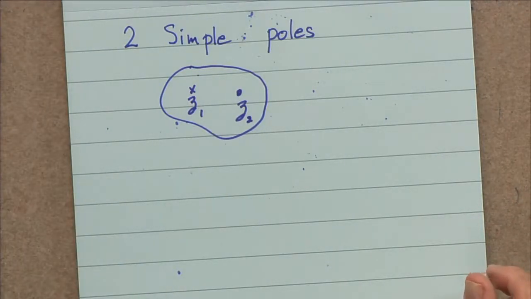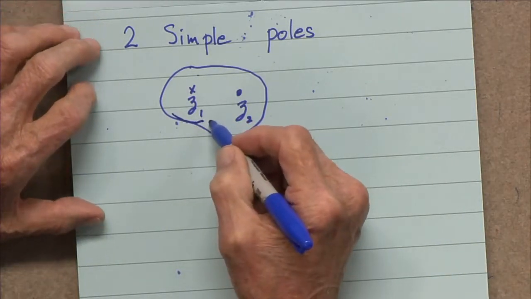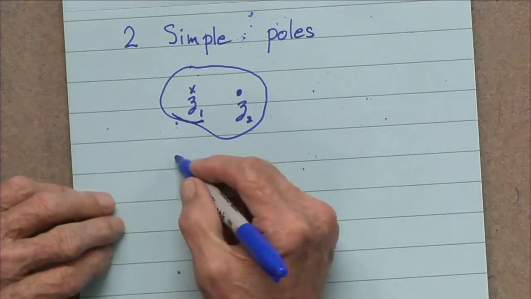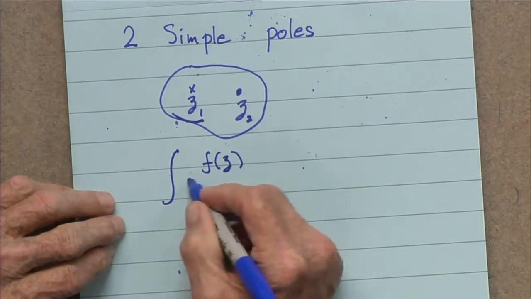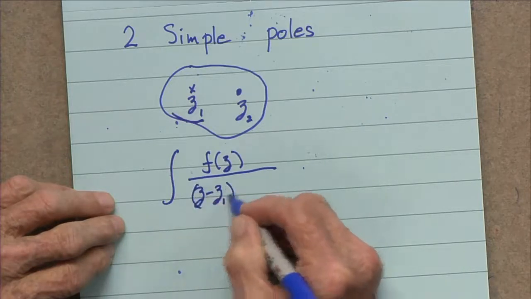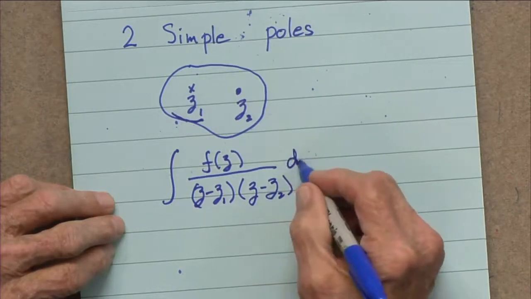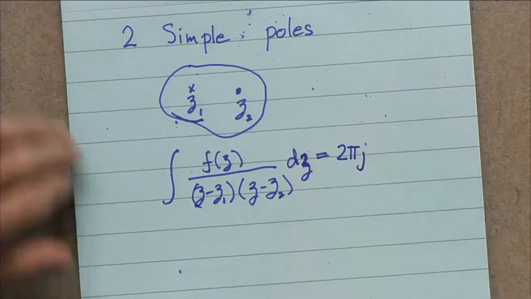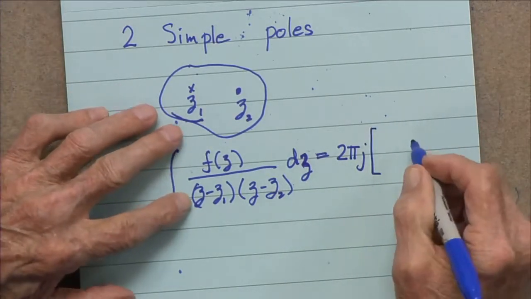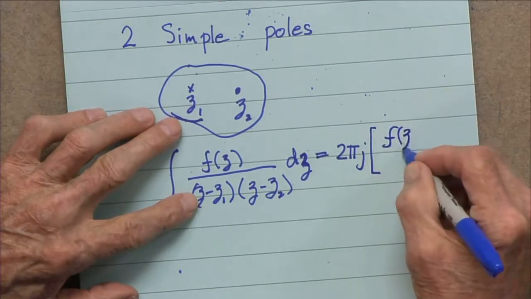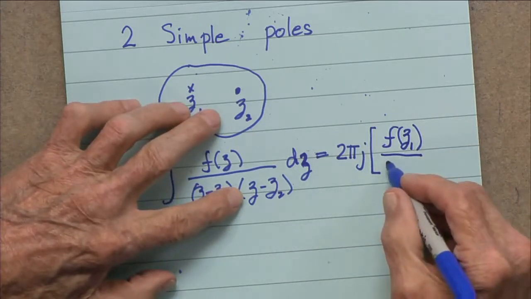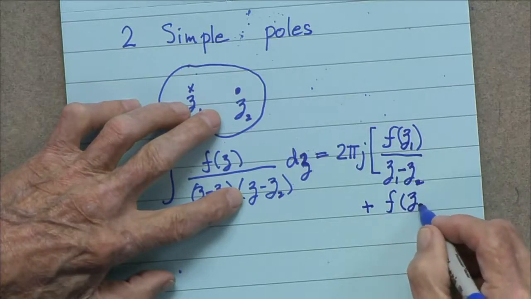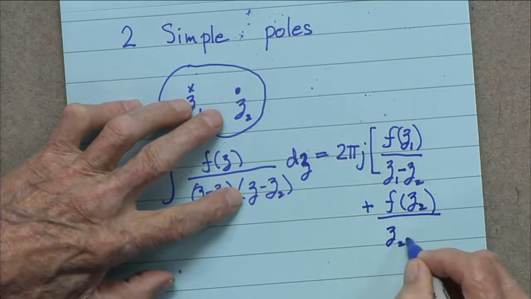Then you know what you can do is, the integral of f of z over z minus z1, z minus z2 dz, that's equal to 2 pi j times f of z1 divided by z1 minus z2 plus f of z2 divided by z2 minus z1.